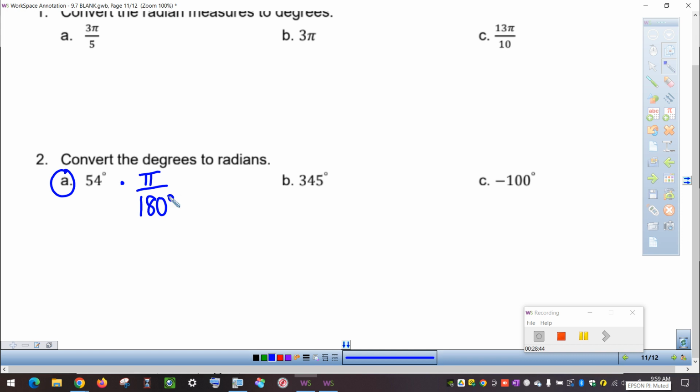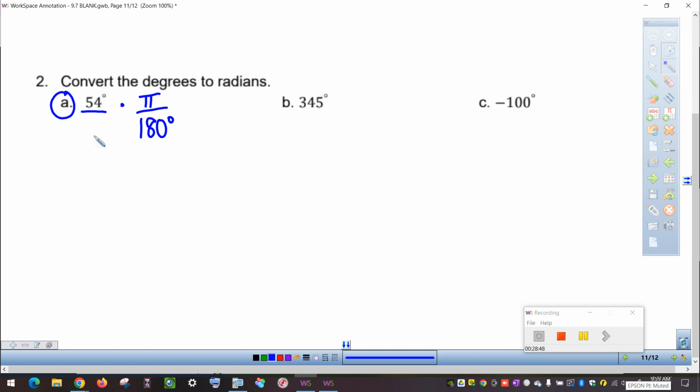Now, what I'd like you to think about here with that 54 degrees in front is write it as 54 degrees over 1 so that we can see it as a fraction being multiplied by another fraction. The way to know that we have the fraction part in blue set up correct is because I want you to think about the degree symbol canceling. Think about canceling that degree symbol from the top with the degree symbol that you see on the bottom.